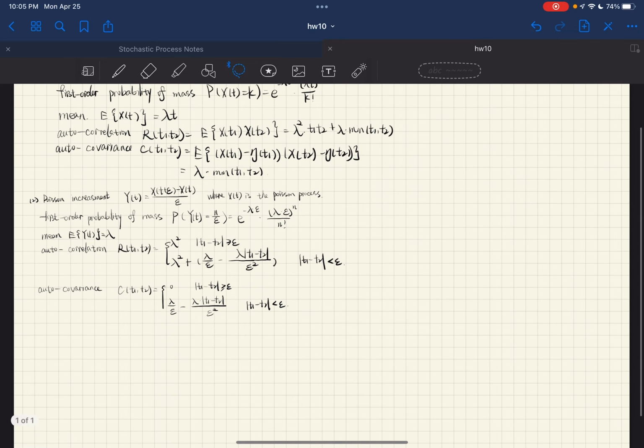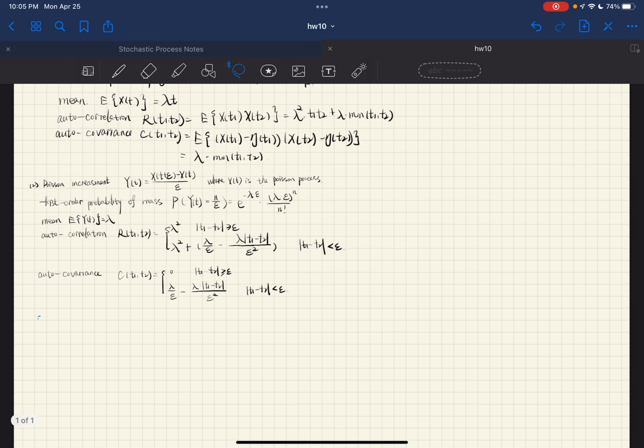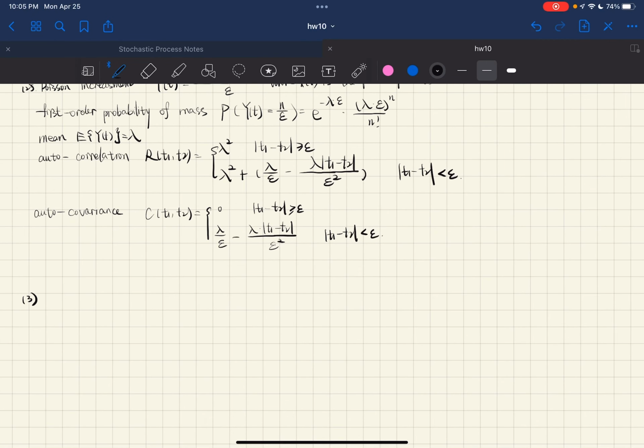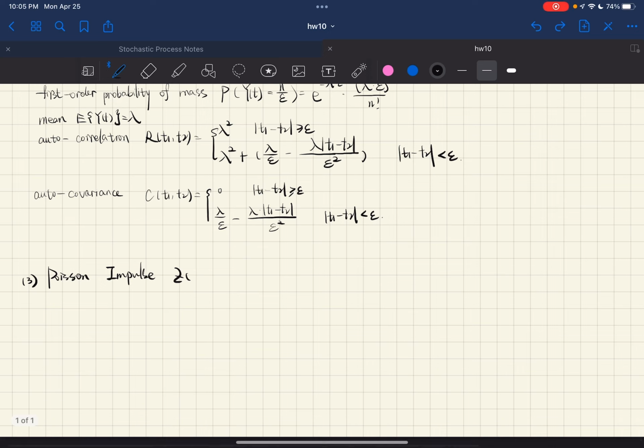And the third one is the Poisson impulse. It is denoted as Z(t), and Z(t) is defined as the derivative of X(t), where X(t) is a Poisson process.